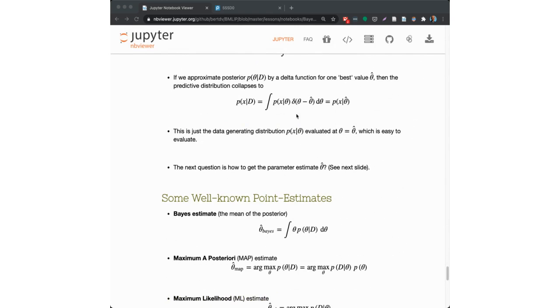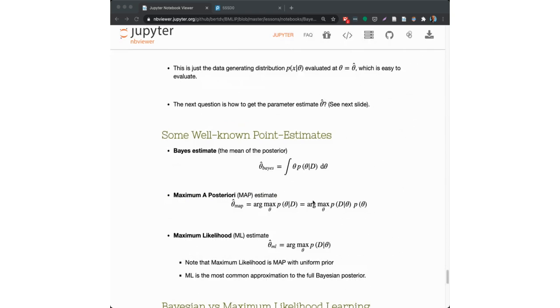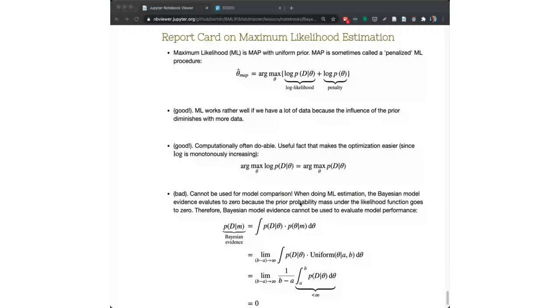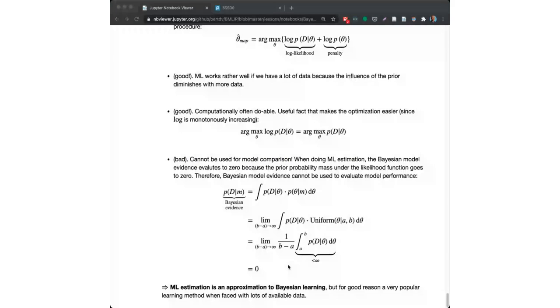So it is a computationally very advantageous alternative. And if you have a lot of data, it's usually quite accurate. But it's very hard to say how accurate. That's the problem, because with maximum likelihood estimation you cannot compute the Bayesian evidence. It just blows up or it goes to zero.